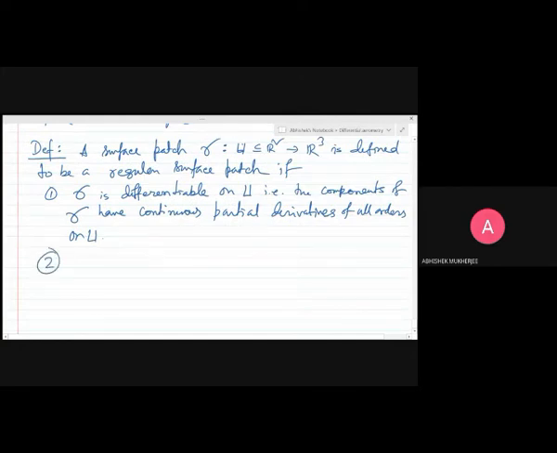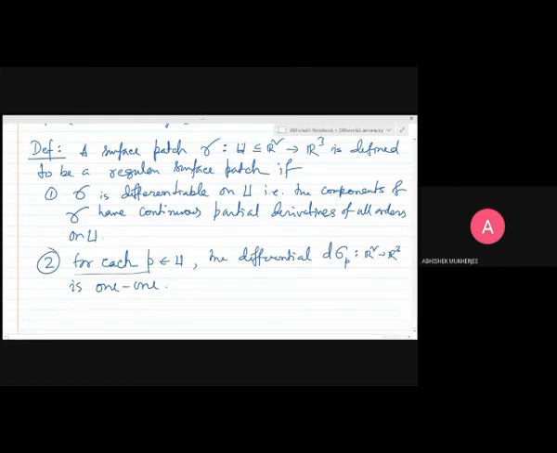Secondly, for each point p belongs to U, the differential d sigma p from R2 to R3 is 1-1.